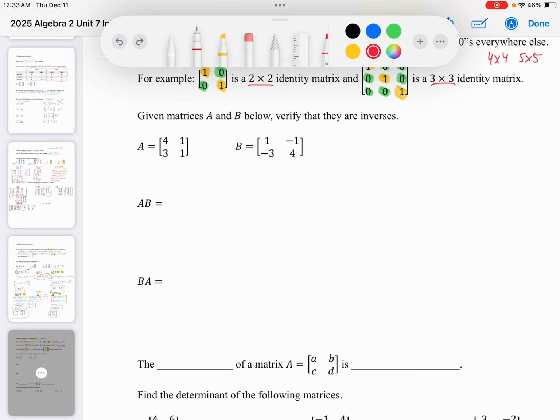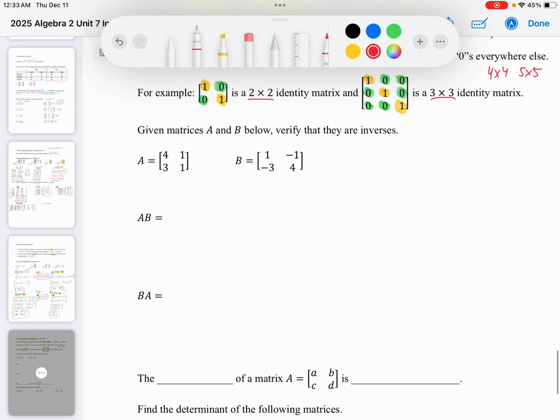We have to take the product of matrix A times matrix B, and then matrix B times matrix A. Since matrix A is a 2 by 2, and matrix B is also a 2 by 2, the number of columns in the first matrix matches the number of rows in the second, so we should expect to get a 2 by 2 matrix.